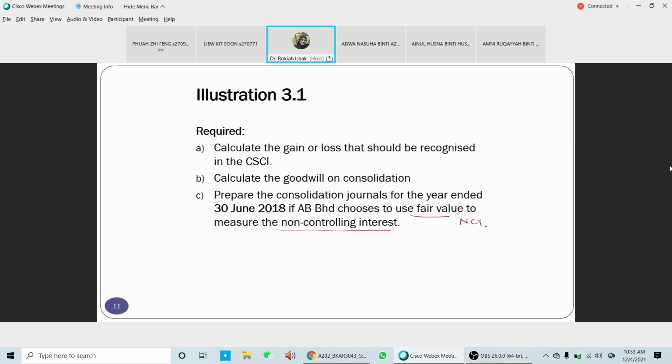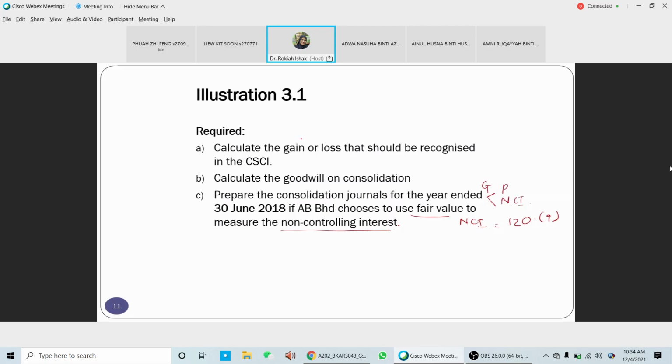So the NCI value here will be 120, based on the amount given in slide 9. They said that the NCI value was 120. When you measure the NCI at fair value, it means that the goodwill needs to be allocated to the parent and also to the NCI.